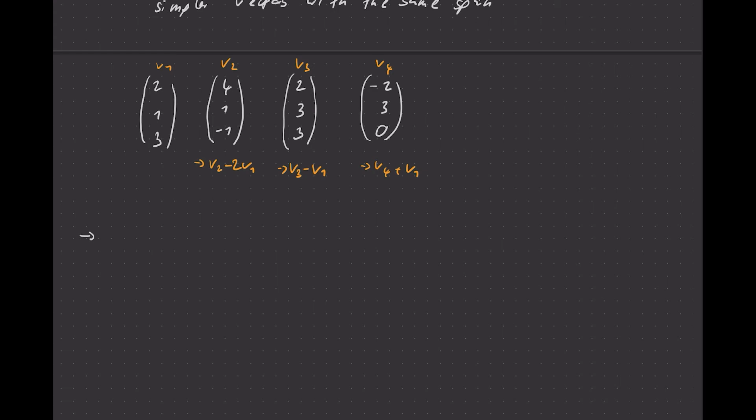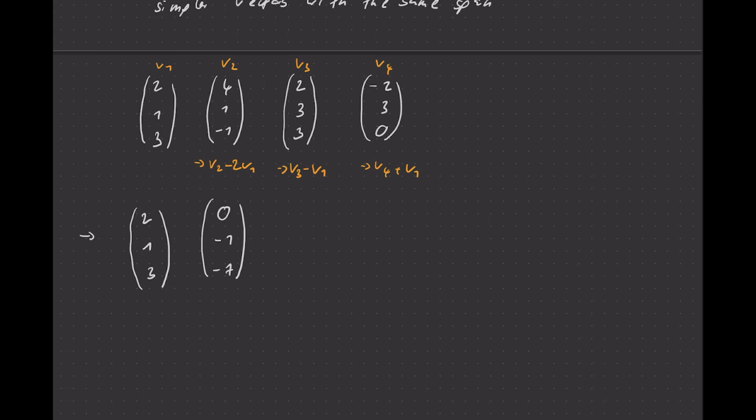So what we get here is the first vector that remains untouched. The second vector, (4, 1, -1) minus 2 times the first vector, so we have 4 minus 4, that is 0. 1 minus 2, that's minus 1, and minus 1 minus 6, that is minus 7. So one more 0 here.